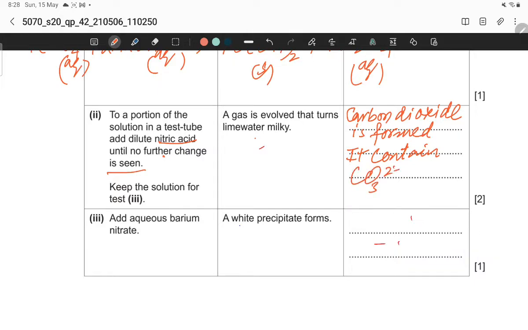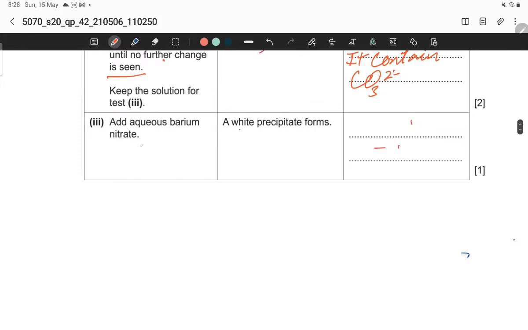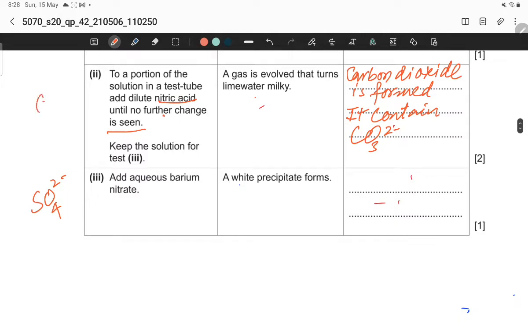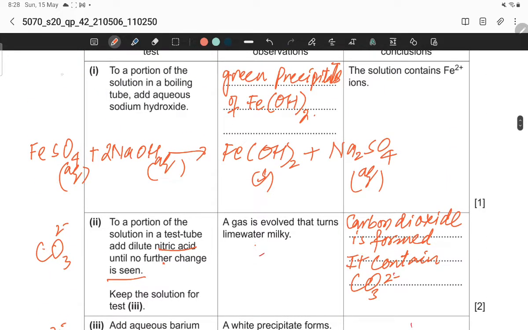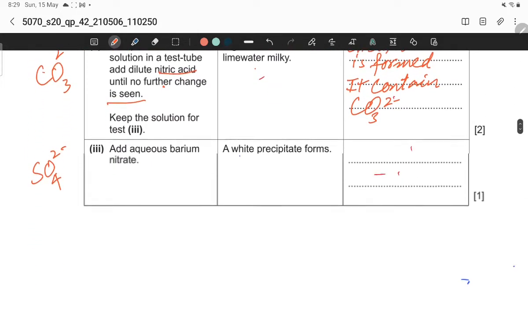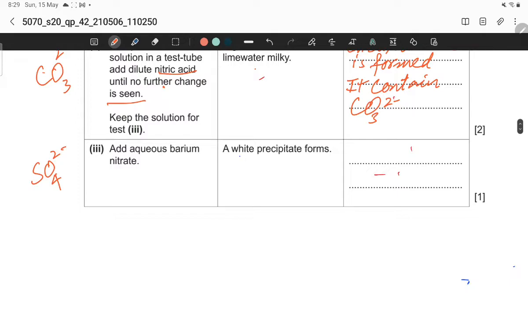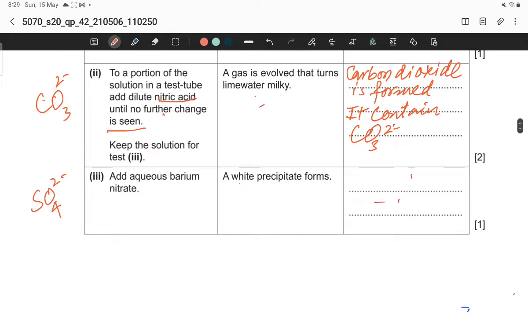Carbonate ions. Add aqueous barium nitrate, a white precipitate forms. So this is the test of sulfate ion, please keep it in mind. And this is the test of carbonate ion, and this is the test of iron 2 ions. So just identify from the observation and from the test whether it is a test of cations or anions.